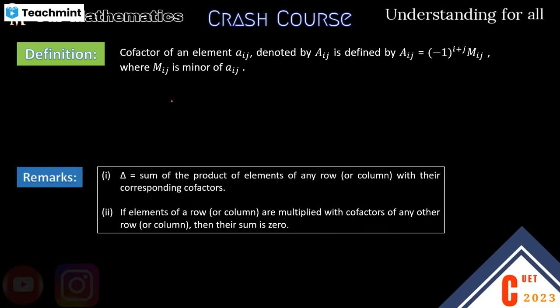Then we come to cofactor. In general, cofactor is denoted by Aij, where small aij is the element and capital Aij is the cofactor.